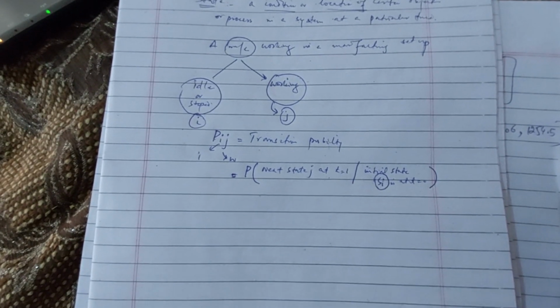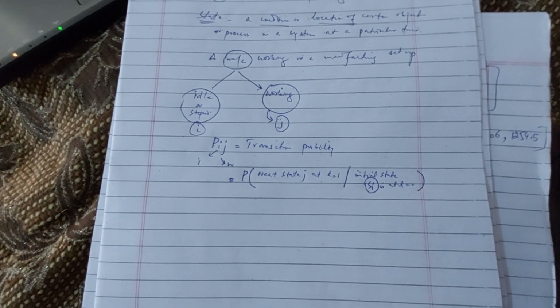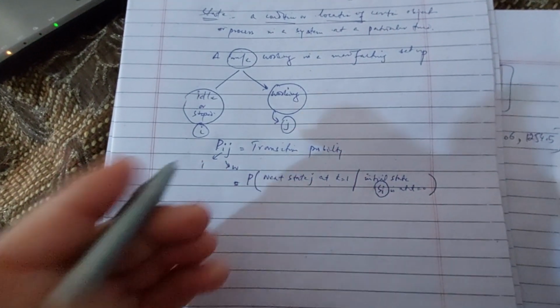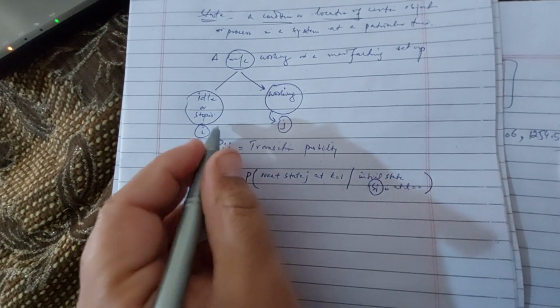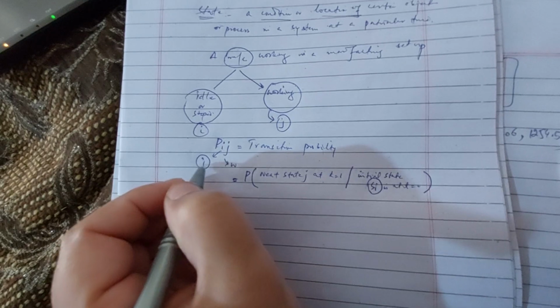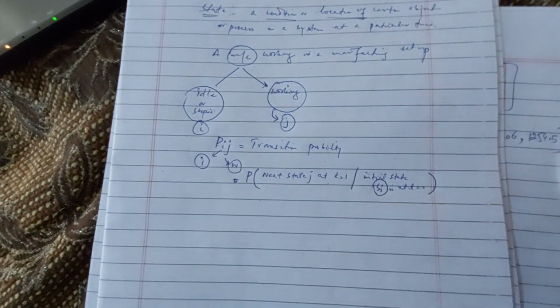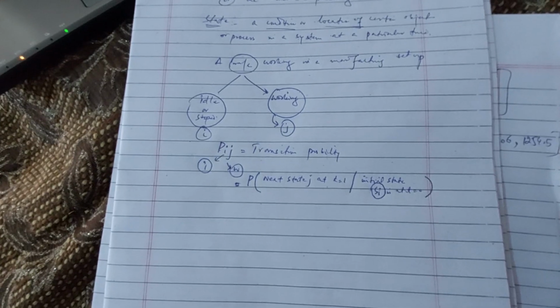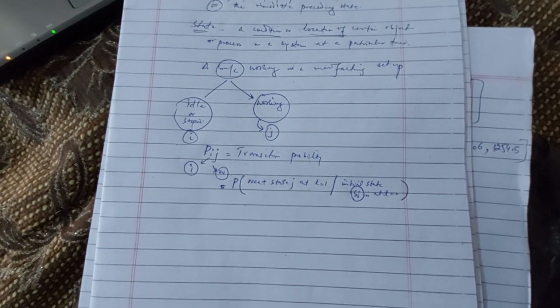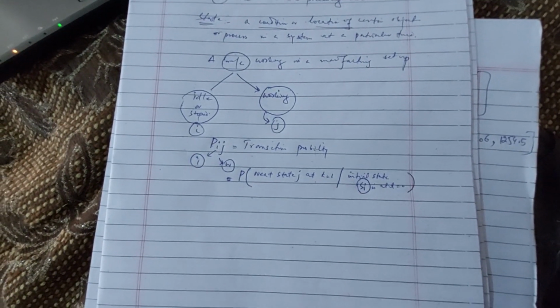So this is the transition probability Pij, where I is the initial state, and j is the next state. In this condition I is the idle and j is the working state for the machine. So these two are the states for this machine.